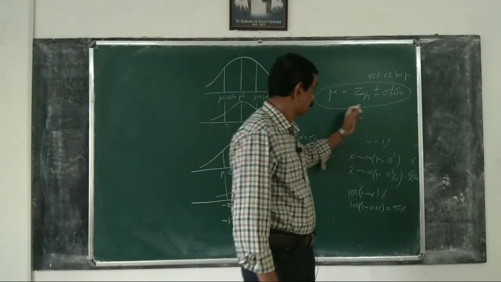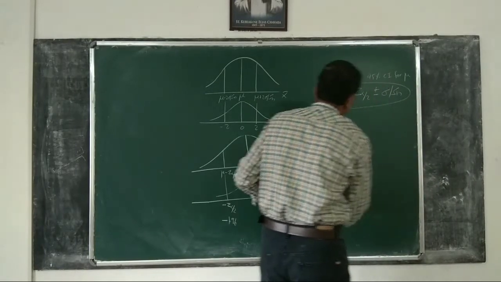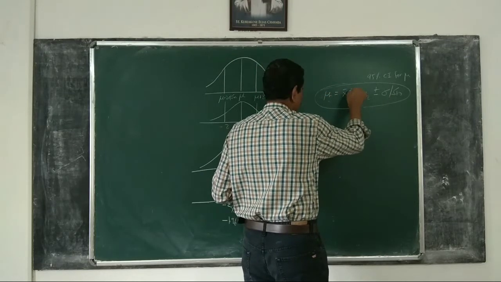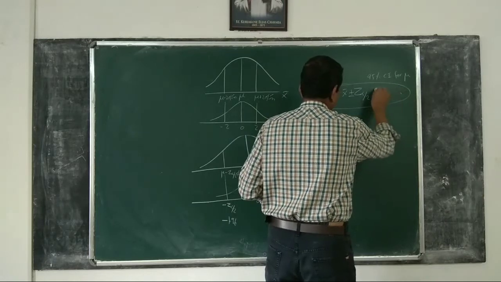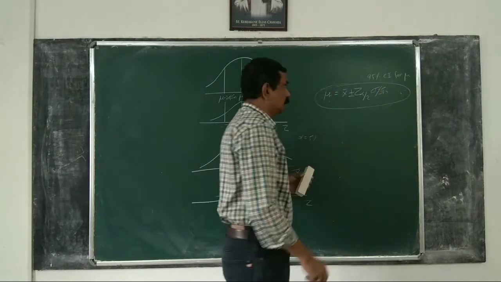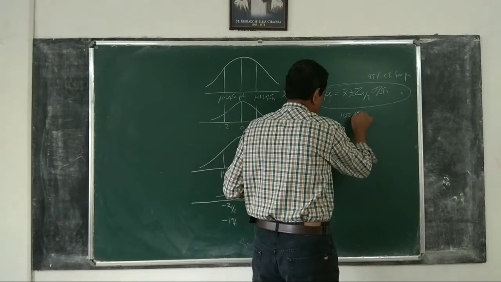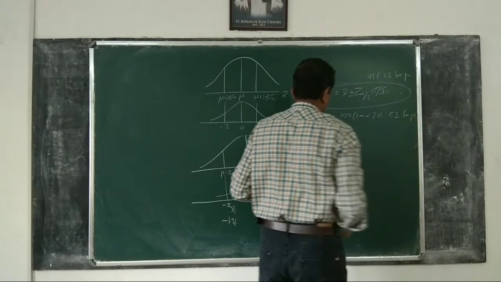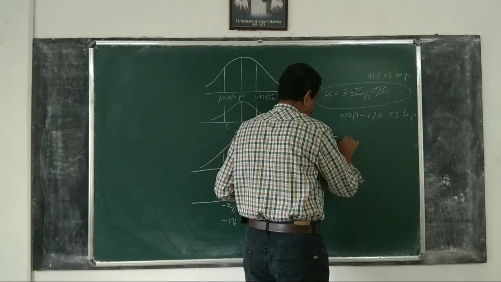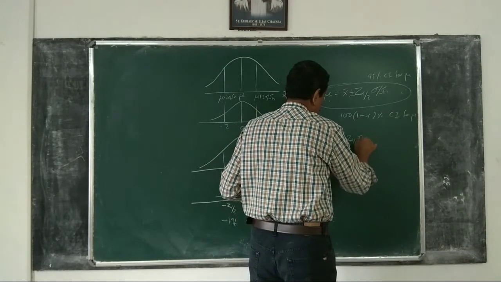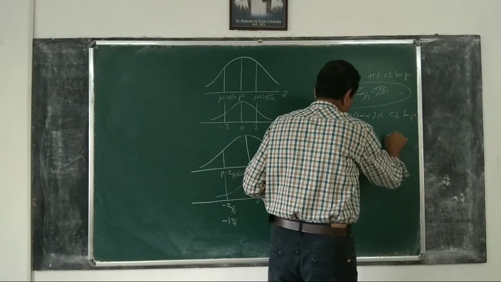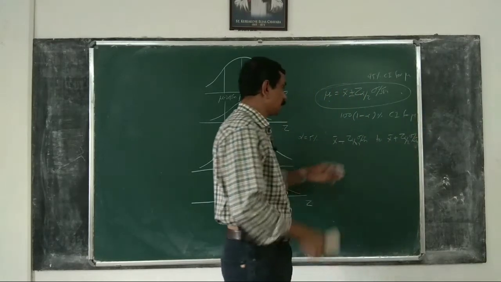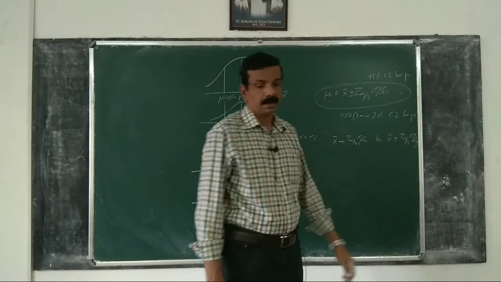So mu is equal to x bar plus or minus z alpha by 2 sigma by root n. The 100 into 1 minus alpha percent confidence interval for mu is x bar minus z alpha by 2 sigma by root n to x bar plus z alpha by 2 sigma by root n, or x bar plus or minus z alpha by 2 sigma by root n.